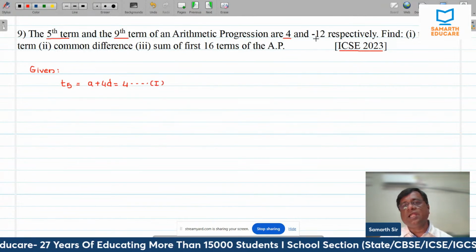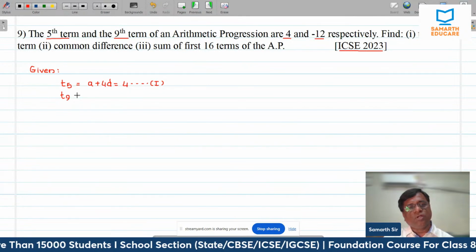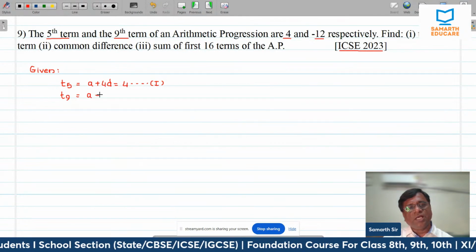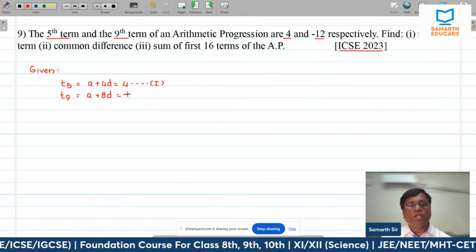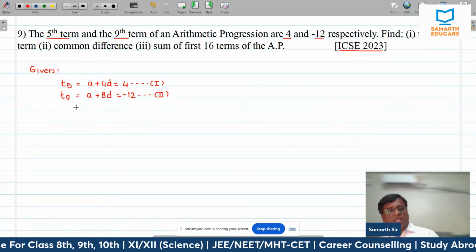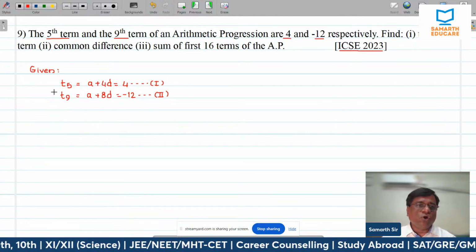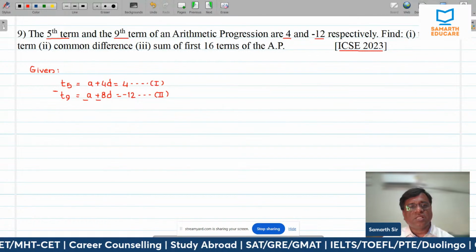Then he says that ninth term is minus 12. So according to my calculation, it would have been a plus 8d. And that according to them is equal to minus 12. I have to solve this simultaneously again. So I will subtract. Because of subtraction, the signs will change.